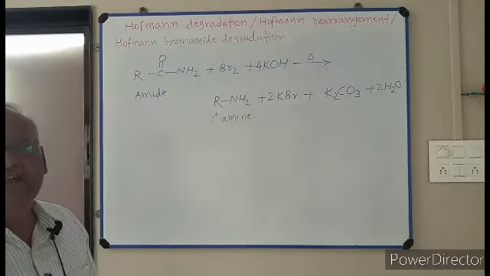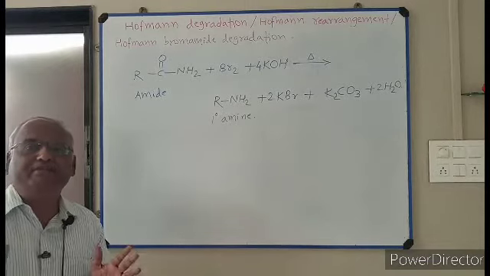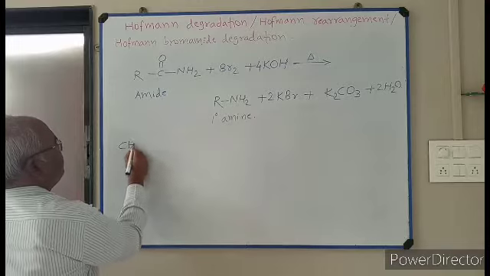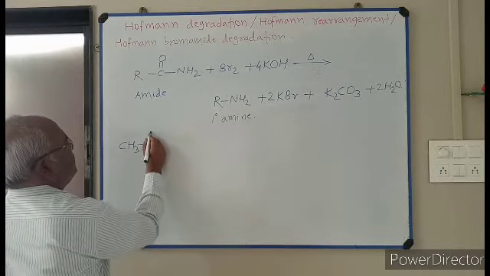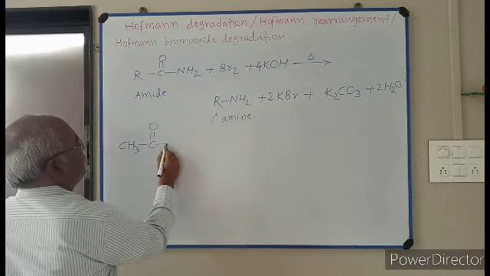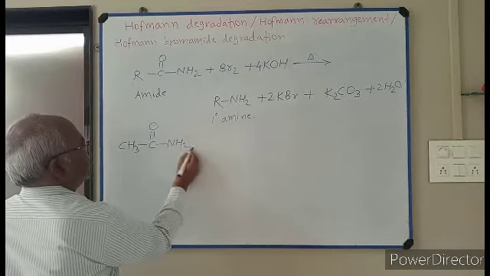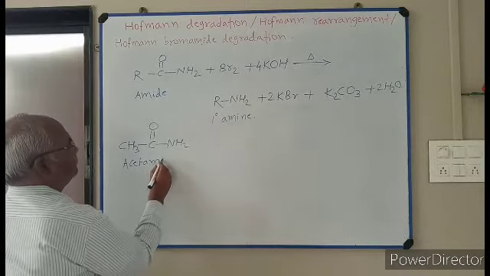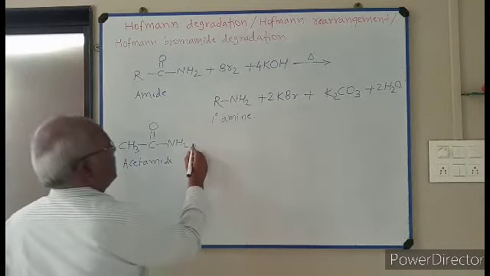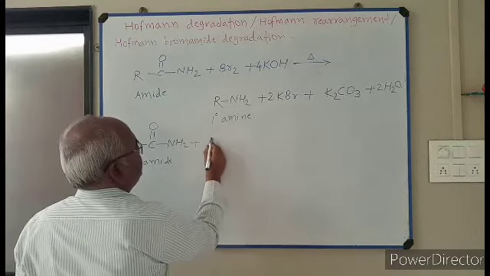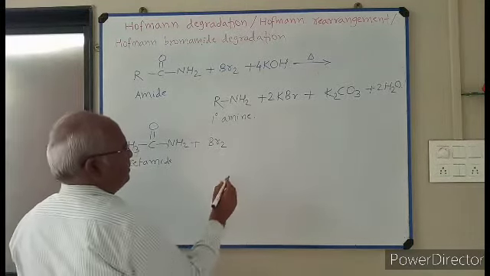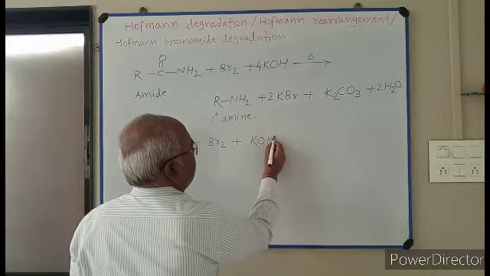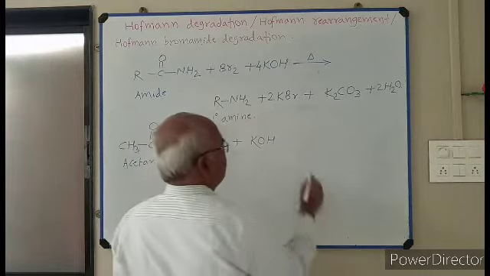I explain the reaction by taking the example of acetamide. I write here CH3 single bond C double bond O NH2. This compound is acetamide. This acetamide is heated with bromine plus potassium hydroxide, alcoholic or aqueous KOH.